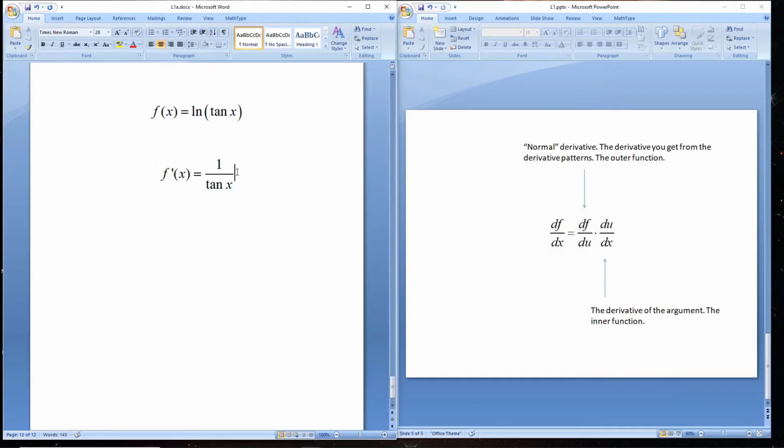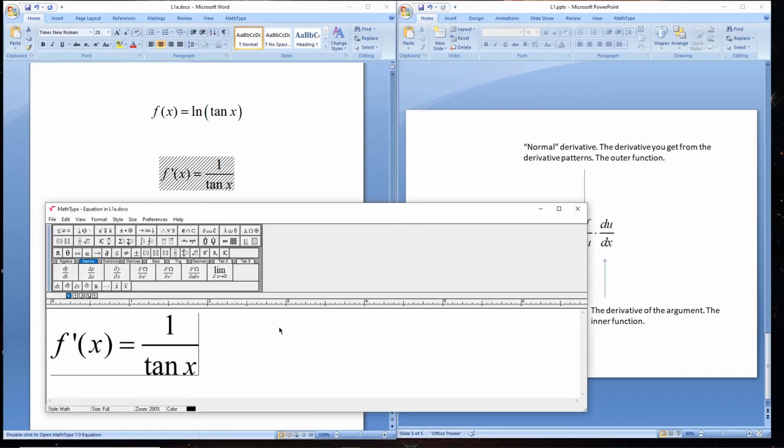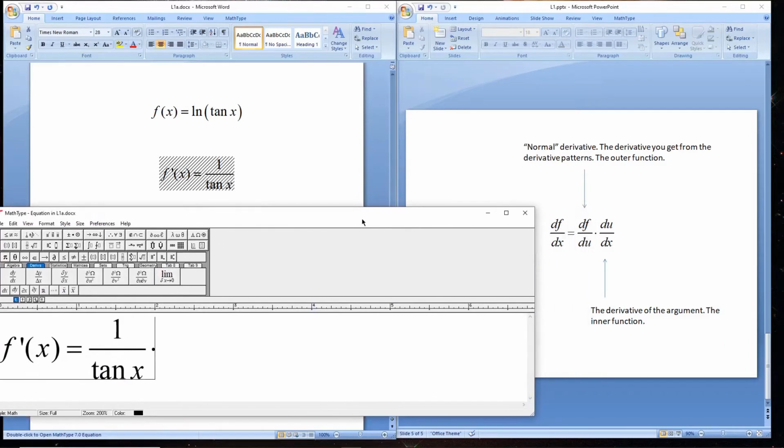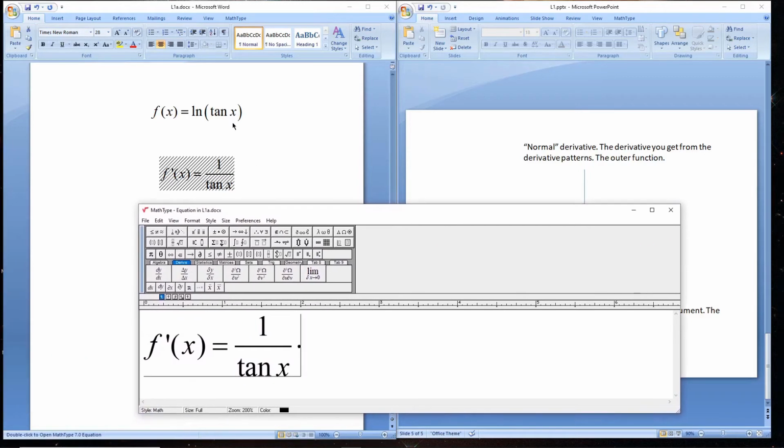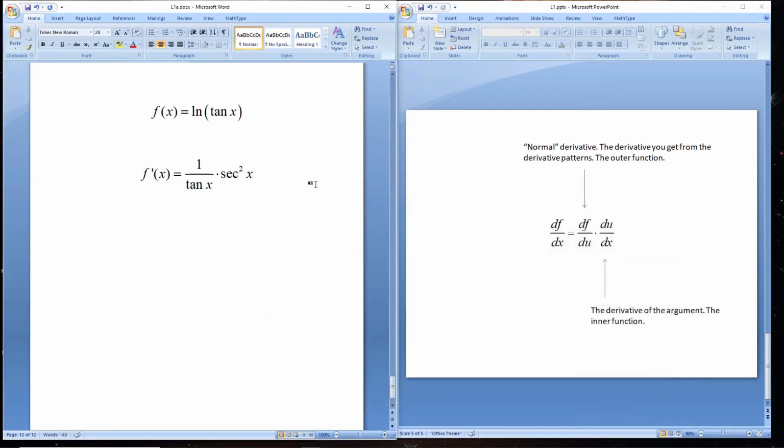Again, that's just straight doing the log derivative right from the derivative patterns. And the chain rule says, okay, now that you've done the straight derivative pattern, you need to multiply that by the derivative of the argument. And the argument is tangent x, and the derivative of tangent x is secant squared. And that's our answer.